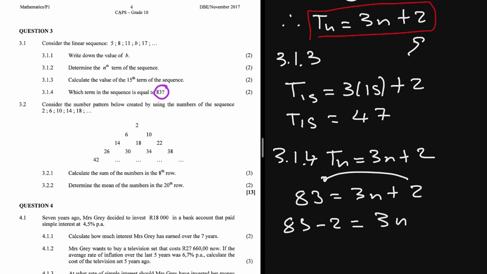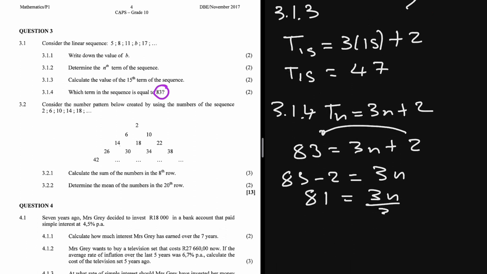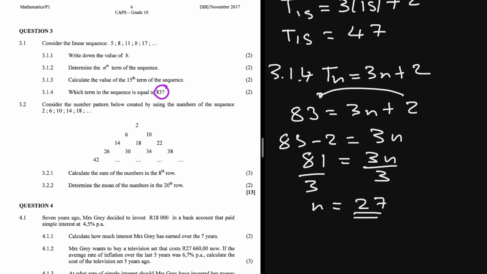So now this is going to give us 81, which is equal to 3n. And then if we divide both sides by 3, the value of n is going to be how much? 81 divided by 3. That is 27. So this means term number 27 has the value of 83. So that is how you would solve the problem.